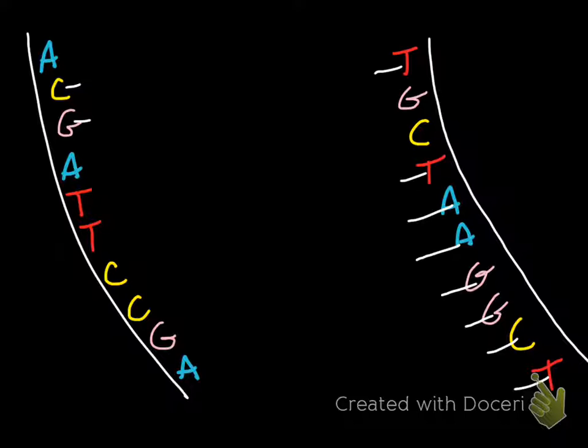Well, if this came apart like a zipper, and now we have two halves of DNA, could we make a full piece of DNA from each of the halves? Do we have a pattern here? Well, let's make this new piece of DNA. What would go first? T. Then what?